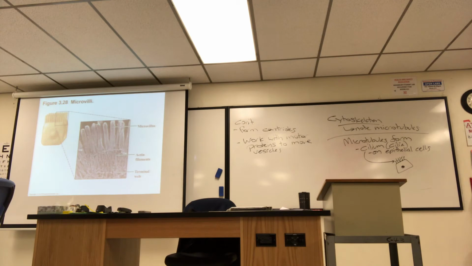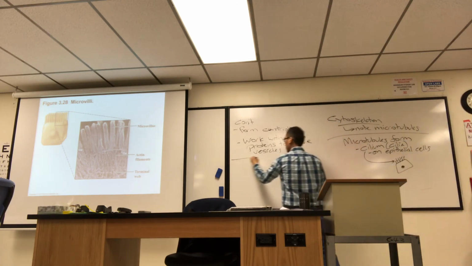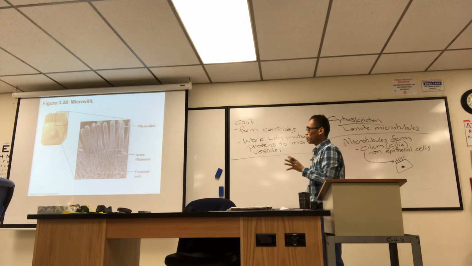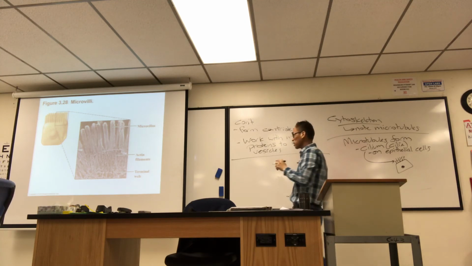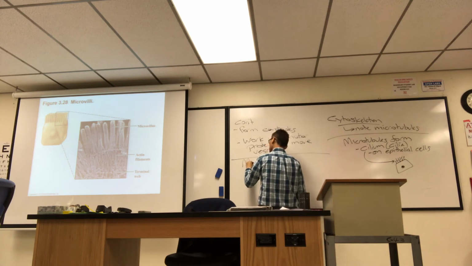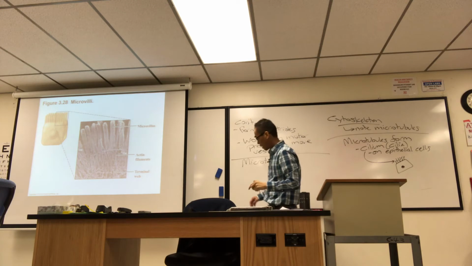The last thing that's not made out of microtubule, but it's a structure that we can see on cells, is microvilli. So I'll draw a big line. Microvilli aren't microtubules at all. They're a superfolding of the plasma membrane. Microvilli.